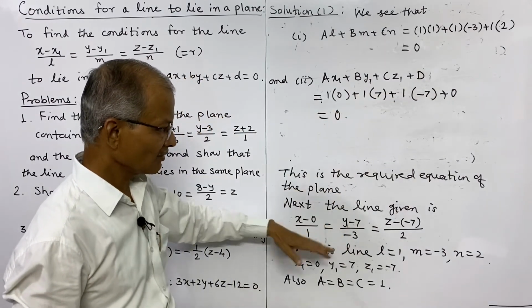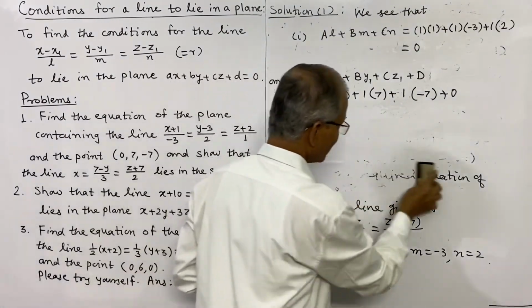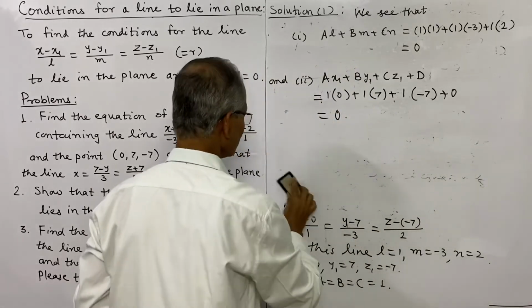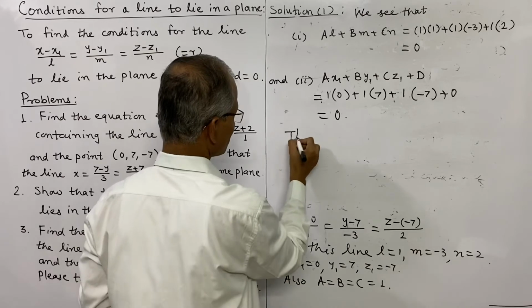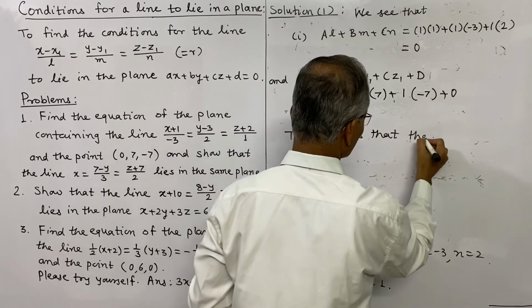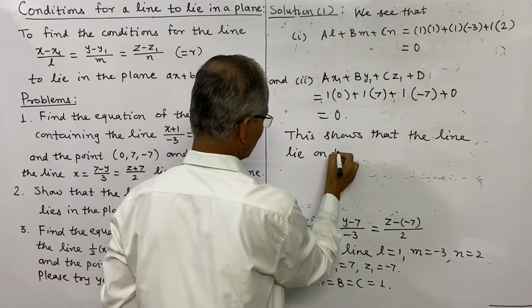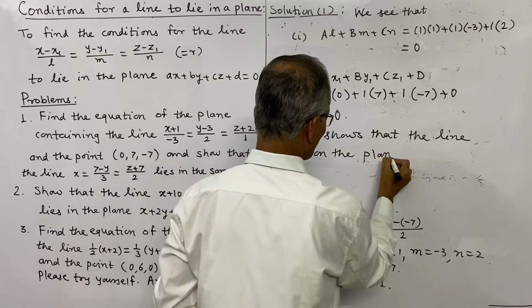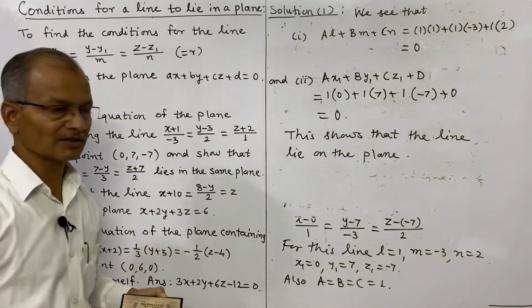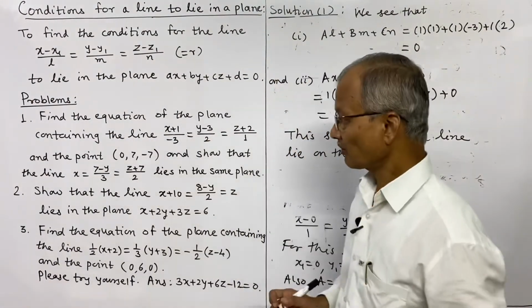Here for this equation of the plane D is 0, and thus this shows that the line lies on the plane x plus y plus z is equal to 0, and thus this completes the solution of the problem.